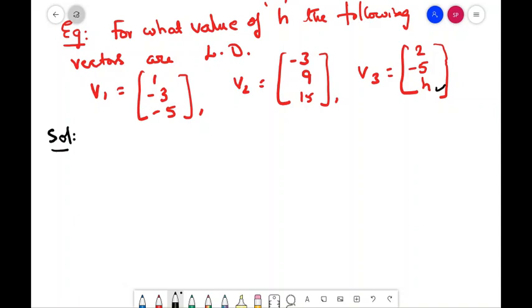I will do this problem using both methods: the determinant method and the echelon form method. I can use the determinant method because I have three vectors with three rows, so I get a 3 by 3 matrix A. Otherwise, I cannot do it by the determinant method. So first, the determinant method.